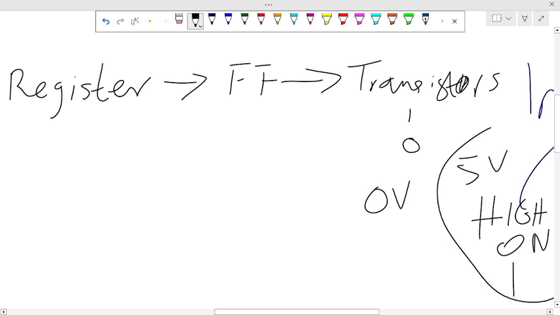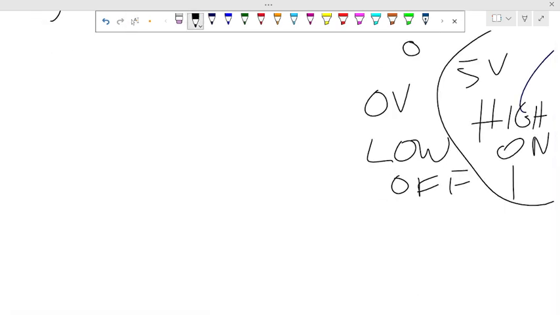if we do not have up to 5 volts, maybe like 0 volts, which means no current going through the base pin, we consider it as what? Low, which is the same thing as off, and it's the same thing as 0.